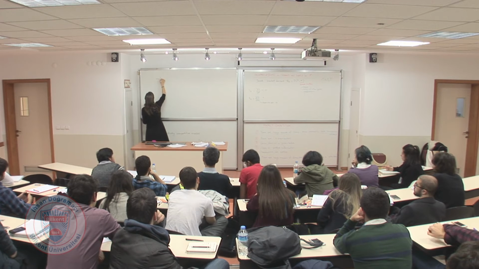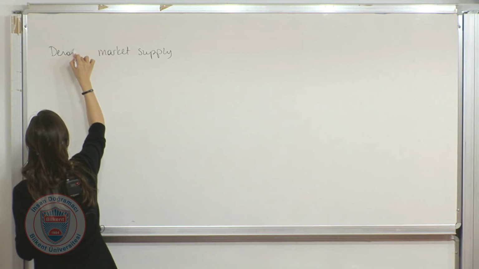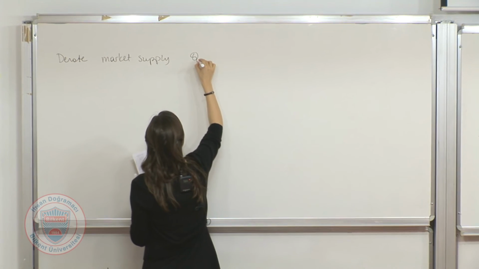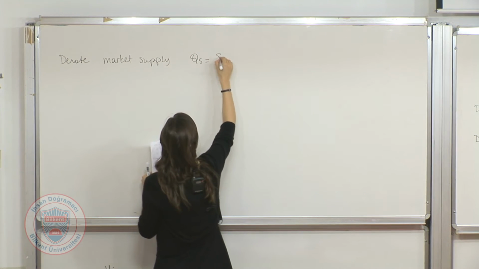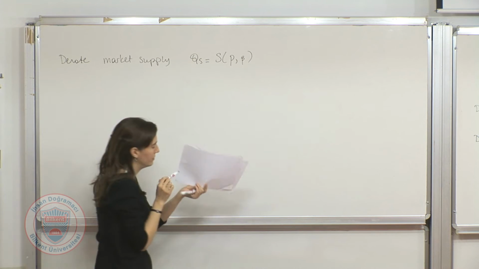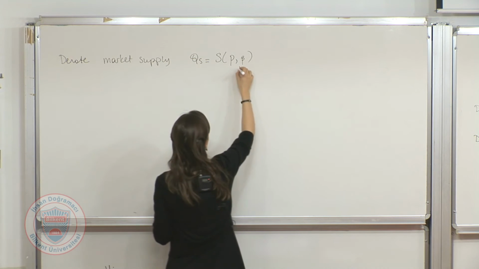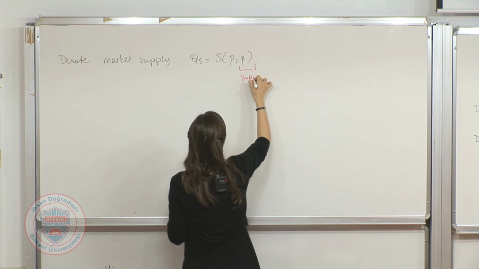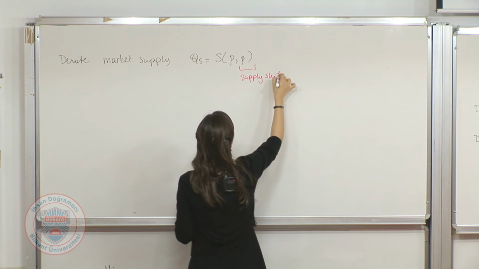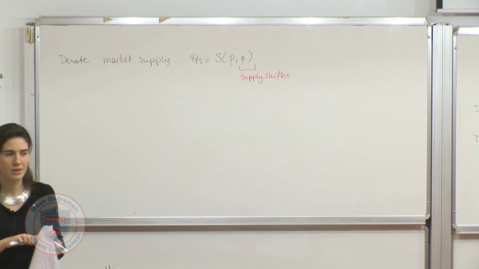Let's denote market supply by QS. It's going to be S of price, beta. So these betas are what we call supply shifters.